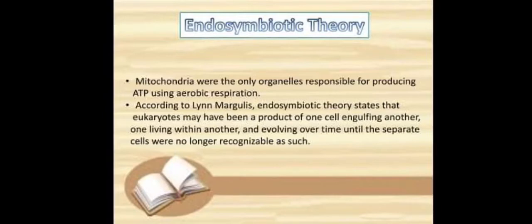eukaryotes may have been a product of one cell engulfing another, one living within another, and evolving over time until the separate cells were no longer recognizable as such. In 1967, Margulis introduced new work on the theory and substantiated her findings through microbiological evidence.